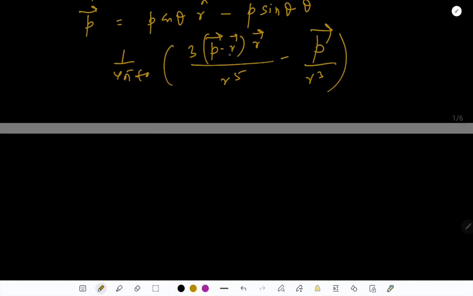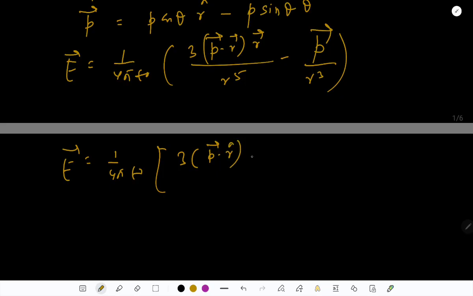And if we express these vectors in terms of unit vector r simply, one thing you will agree on is that we can write this thing as p dot unit vector r, then you can write here simply r^5 as r cube in place of r^5, and this is p by r cube.